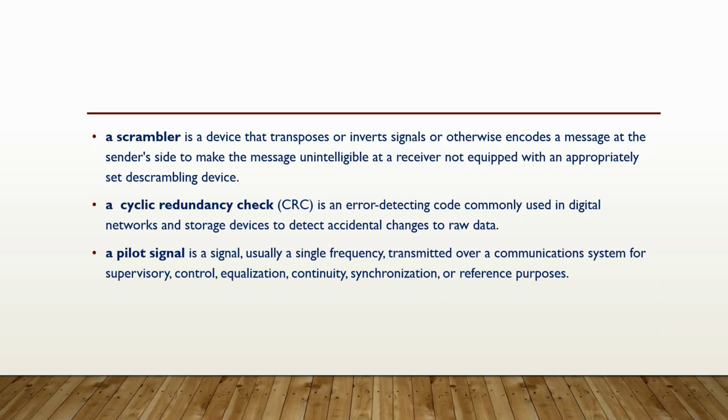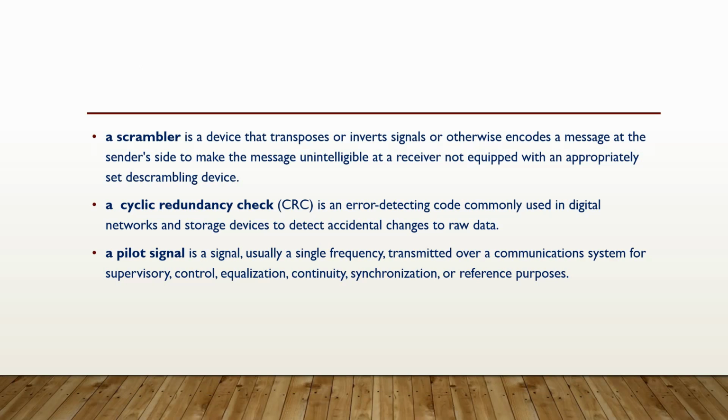A scrambler is a device that transposes or inverts a signal or otherwise encodes a message at the sender's side to make the message unintelligible at a receiver not equipped with an appropriately set descrambling device. These are little side notes.